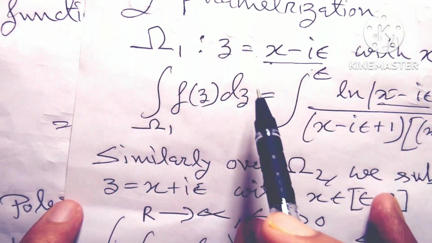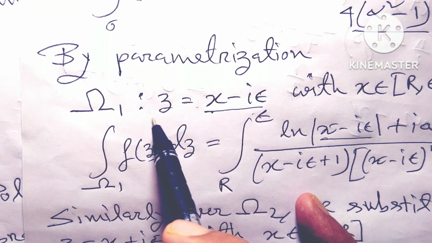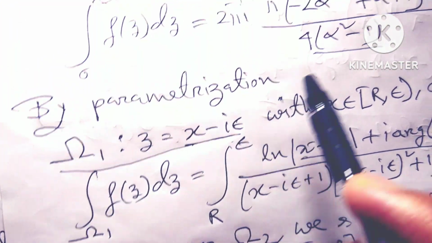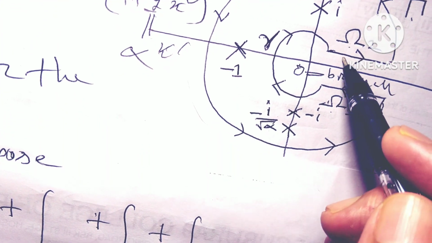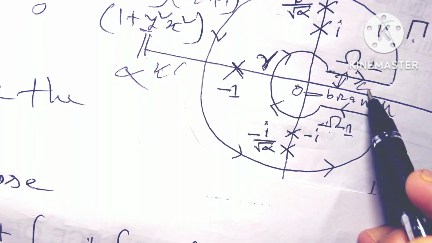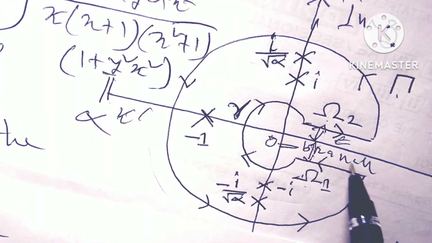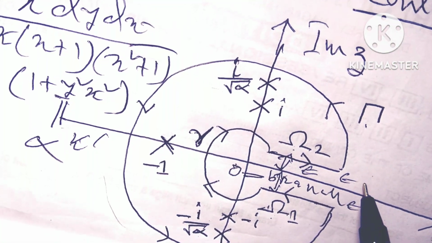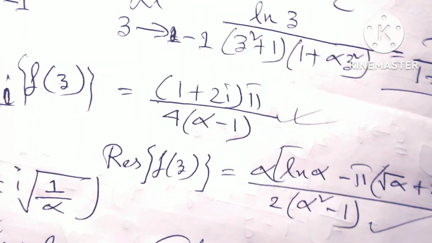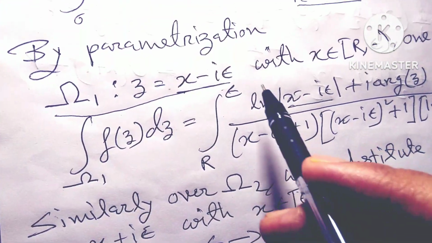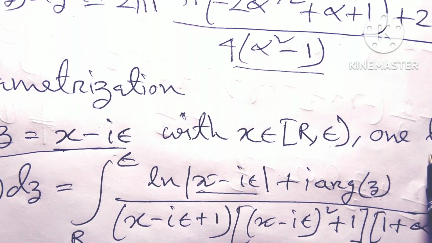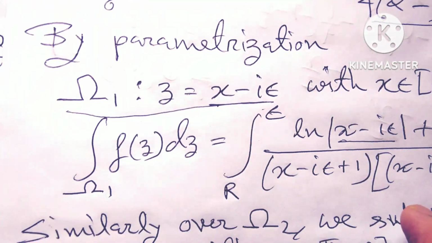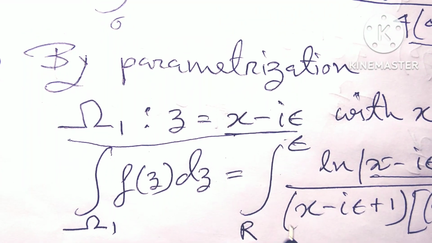And after that, by parameterization, in case of omega 1, what is omega 1? In here this distance is epsilon. In the omega 1 case, x minus i epsilon, with x belonging to epsilon to r, as r tends to infinity and epsilon tends to 0.